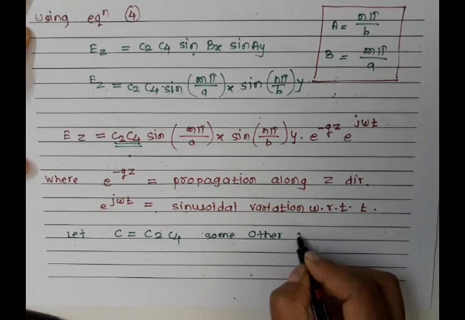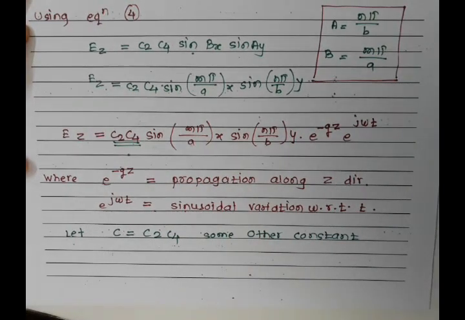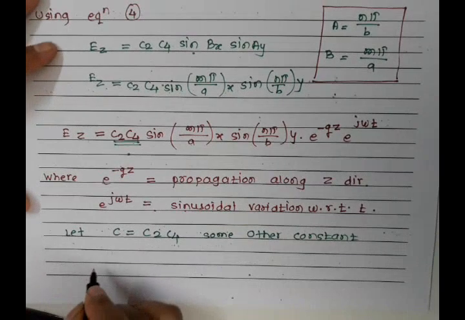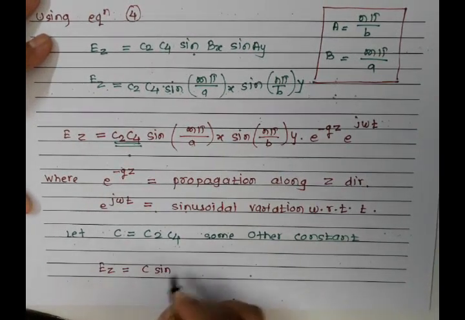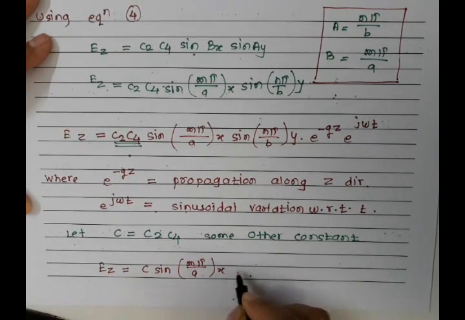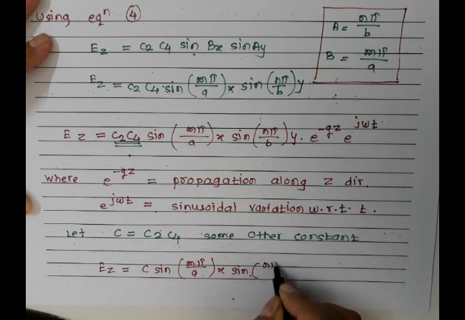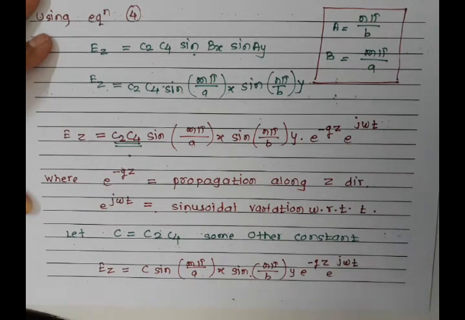Now when you put C2 C4 is equal to C, your equation now becomes, my Ez now becomes Ez is equal to C sine of m pi by A x sine of n pi by B y e raised to minus gamma z e raised to j omega t.